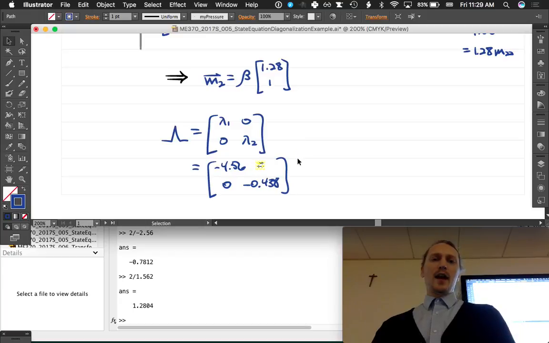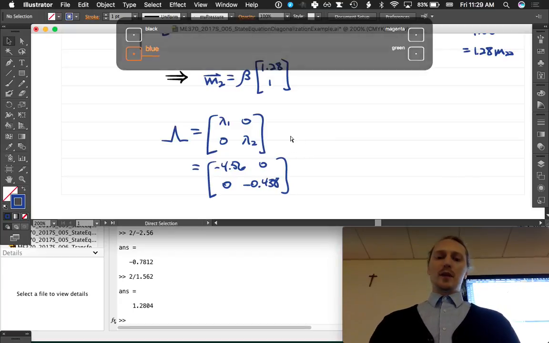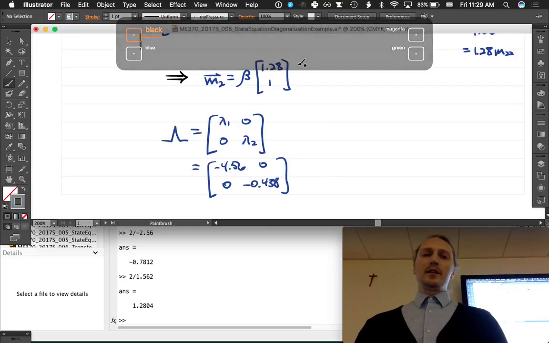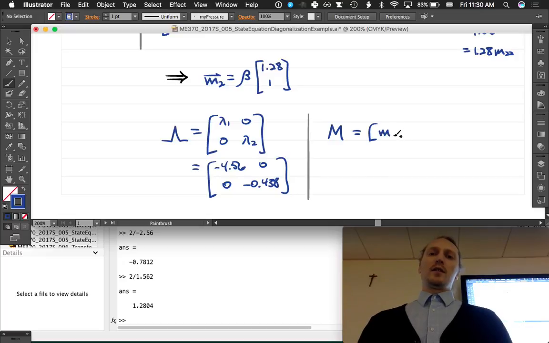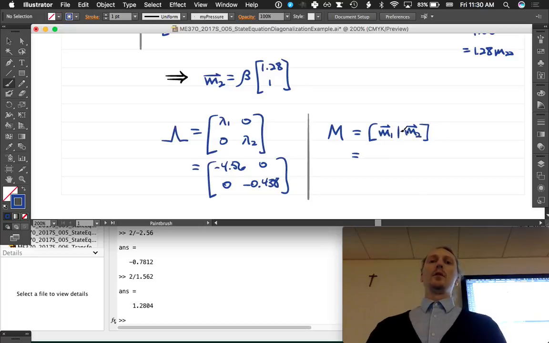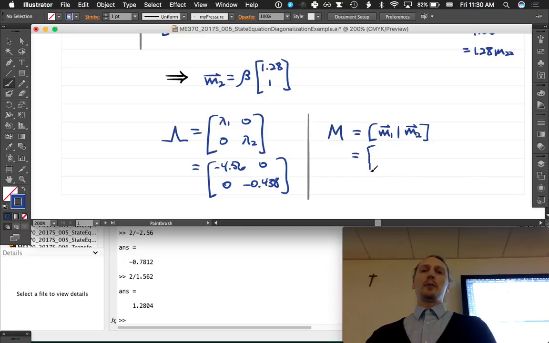All right, so that is our lambda matrix. And let's write beside it the modal matrix, or the eigenvector matrix. M is equal to, by definition, just all the eigenvectors put into the columns of the matrix, right? And we can do as many as there are. In this case, there are only 2. So we put them in.